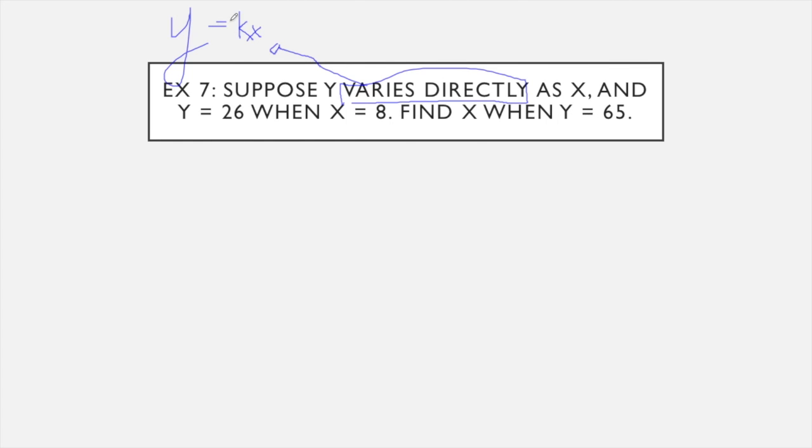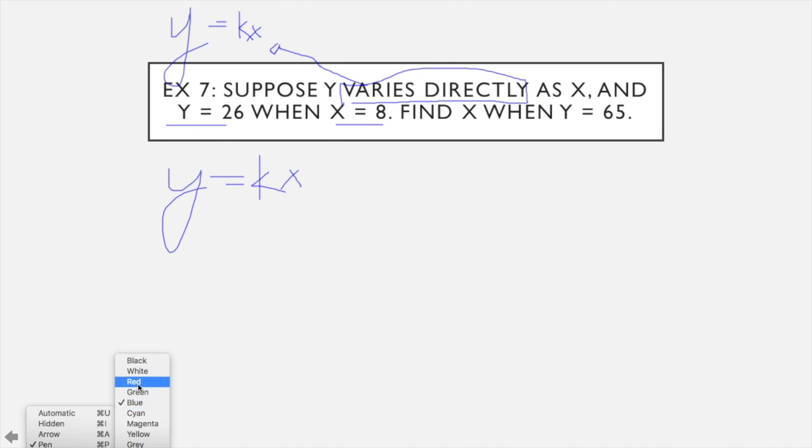So we need to know what k is. We need to solve for what that constant is supposed to be in this rule, in this relationship. So we know normally y equals kx. But they tell us y is 26 and x is 8. So we can substitute those things in. So y is 26.